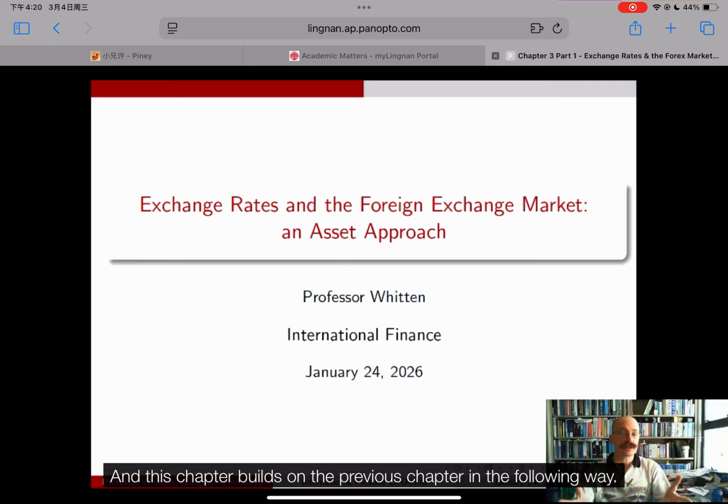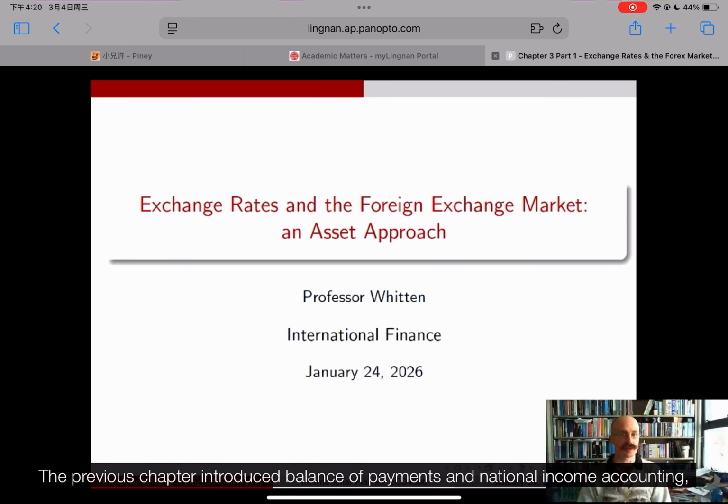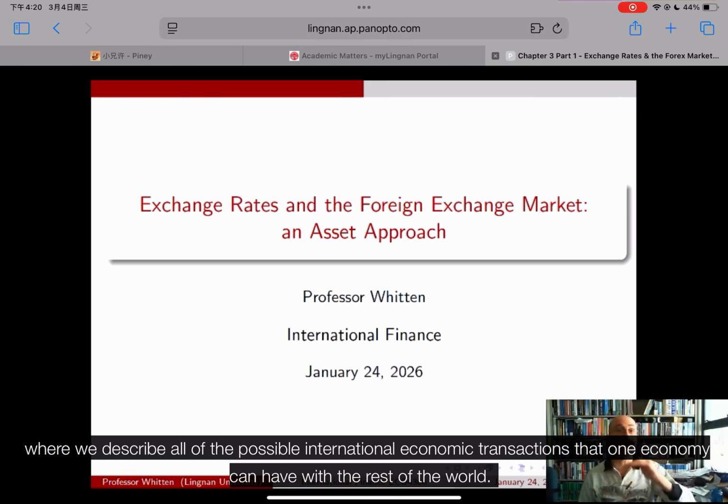And this chapter builds on the previous chapter in the following way. The previous chapter introduced balance of payments and national income accounting, where we describe all of the possible international economic transactions that one economy can have with the rest of the world.